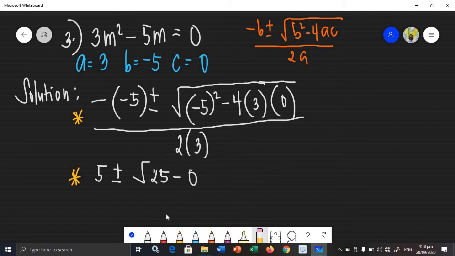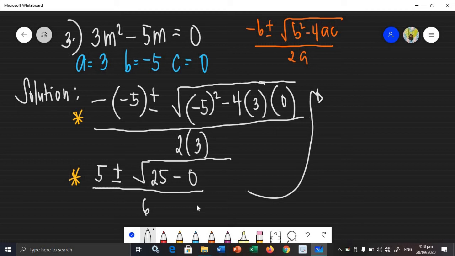I'm so sorry, medyo paling, no? I'm trying my best to make it as straight as possible, pero I can't. I can't control the pen. So 25 minus 0 all over 2 times 3, that is 6. Okay? And then I'm going to move my solution here.